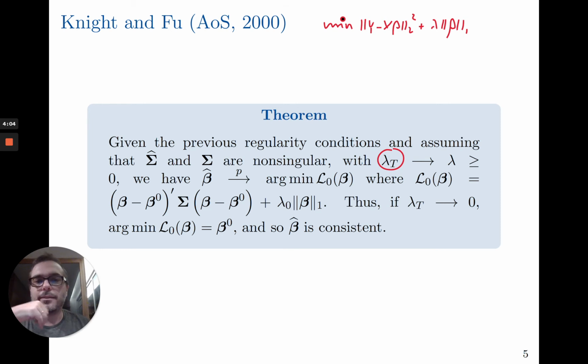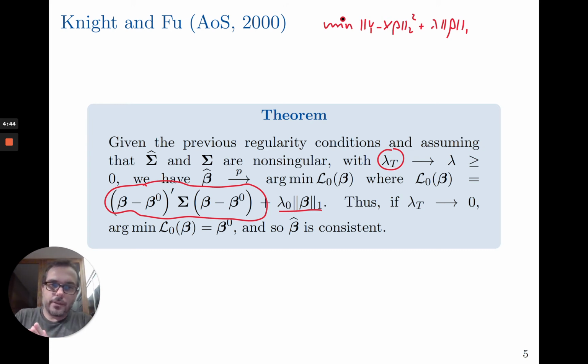So what we know is that when we have a sequence of lambdas and this sequence converges to a constant lambda naught that's equal or greater than 0, beta hat will converge in probability to the minimum of a population cost function that's given by this expression here, which is basically a quadratic form of beta minus beta naught, okay, plus the penalty.